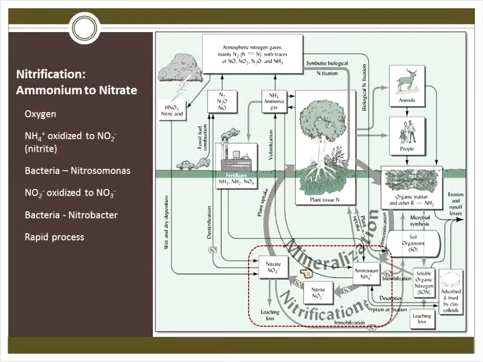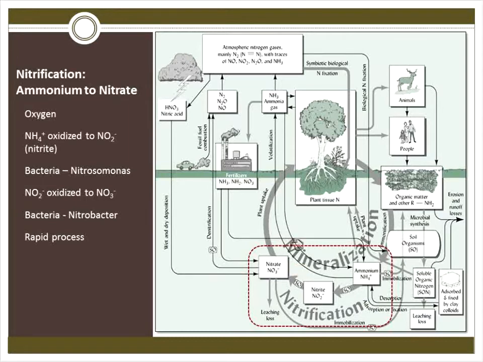Now, the process from ammonium to nitrite to nitrate occurs very quickly. It's very difficult to find any nitrite in the soil system. There's another type of bacteria that transforms this nitrite to nitrate, Nitrobacter, and again, this is a very rapid process.